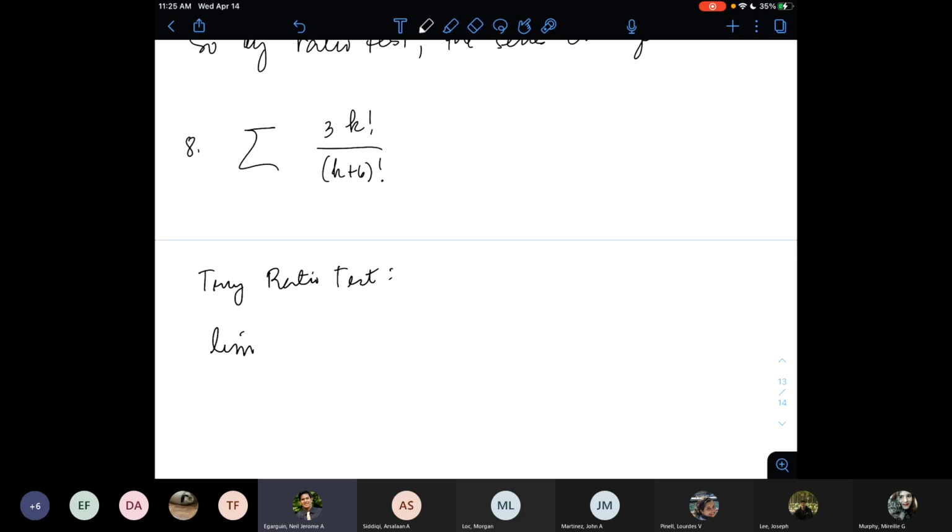So you take the limit of a sub k plus 1 all over a sub k as k approaches infinity. This would be the limit of, be mindful here, 3 is outside of the factorial because there is no grouping symbol putting 3 inside a factorial. So you just copy 3, then k plus 1 factorial all over, we replace k by k plus 1.